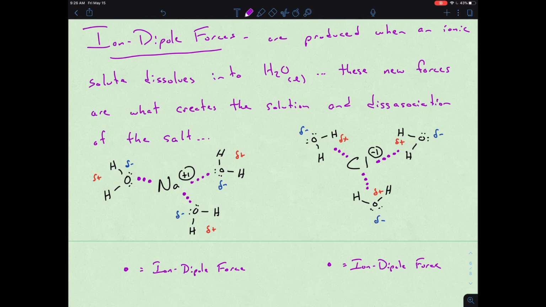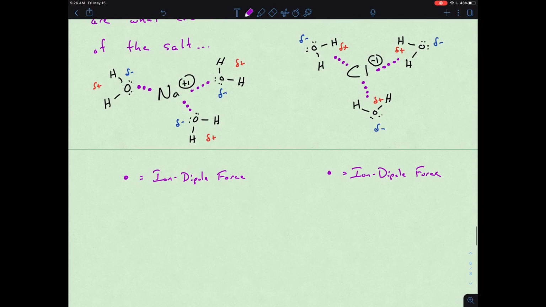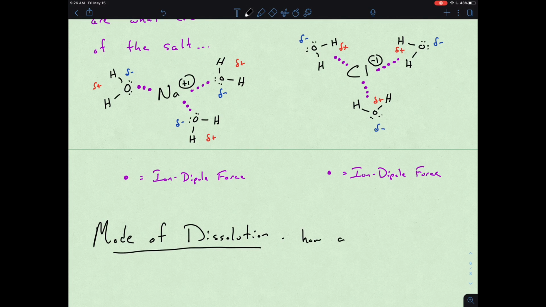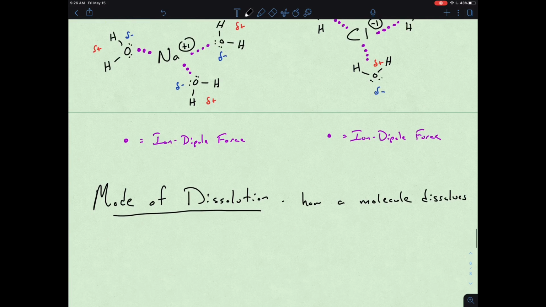And so this brings up the last bit for this introduction, where we have mode of dissolution. Or, how a molecule dissolves is related to, again, forces of attraction.